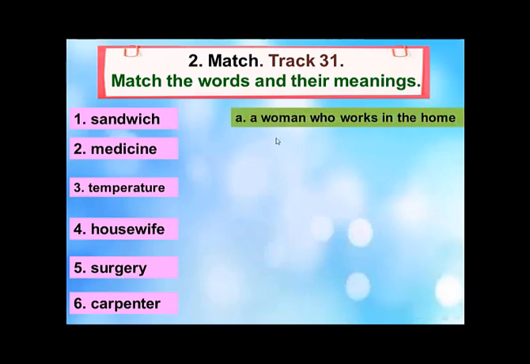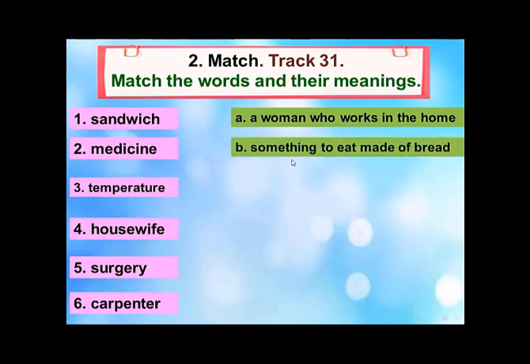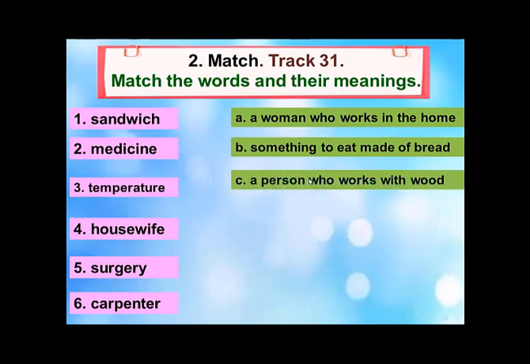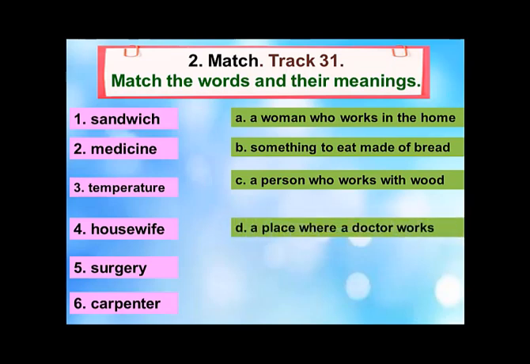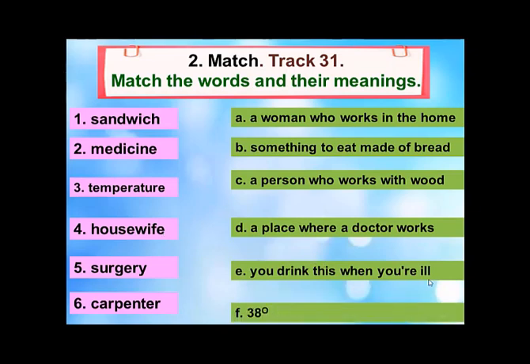A, a woman who works in the home. B, something to eat made of bread. C, a person who works with wood. D, a place where a doctor works. E, you drink this when you are ill. And F, 38 degrees. Now we start matching.